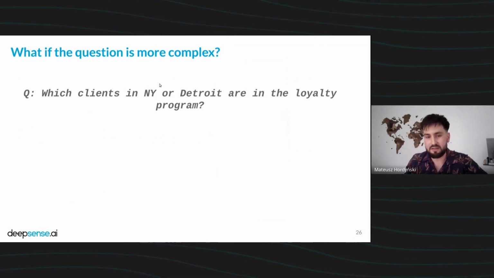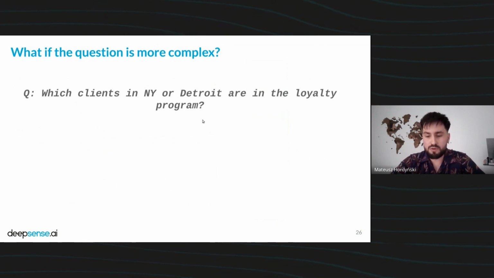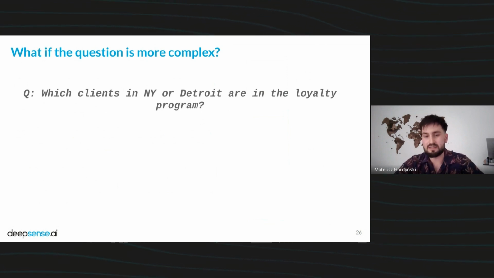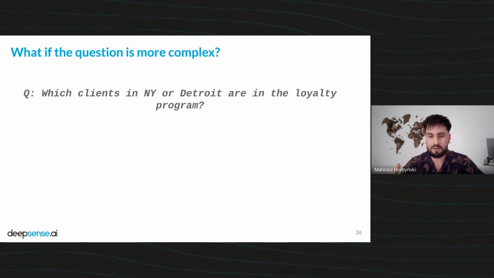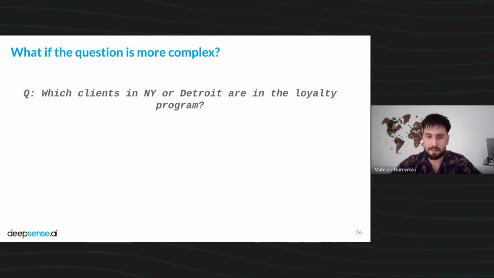It needs to be either New York or Detroit, and we have some condition for the loyalty program, whatever it means. And it would be really hard for you to create query templates to handle such a question, because either you will need a lot of query templates or query templates with a lot of arguments. And it's not something that we want in our system.